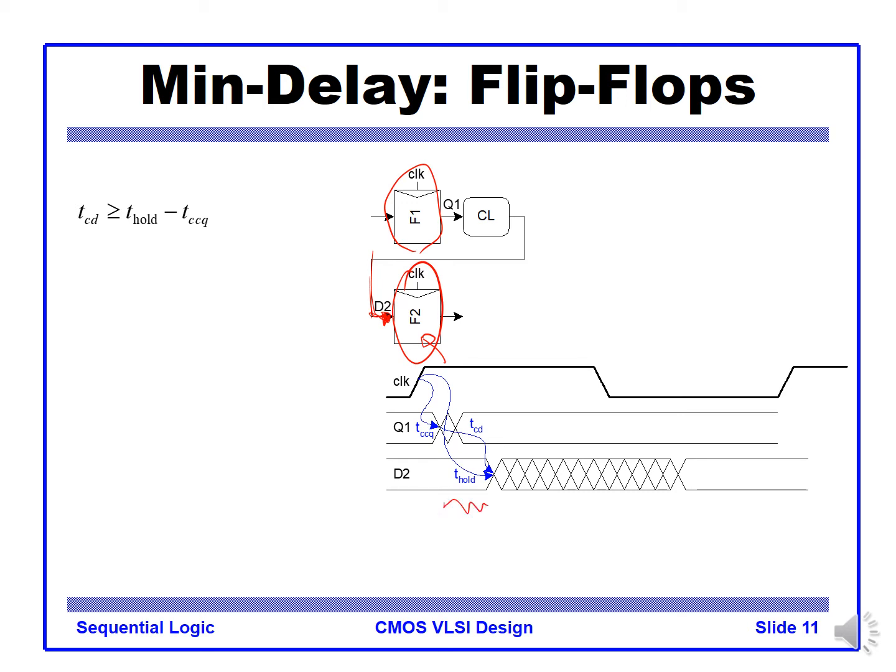That is the path from the clock through the combination logic to D2. This path delay must be longer than the hold time requirement, right? So that specifies the minimum amount of the combination logic delay TCD, that is defined by contamination delay.